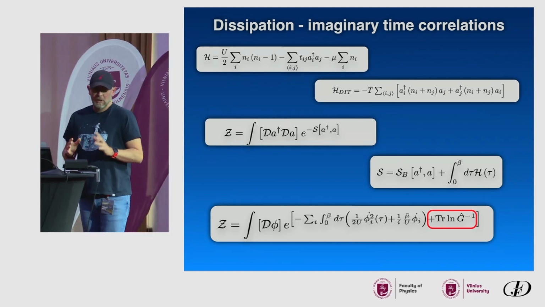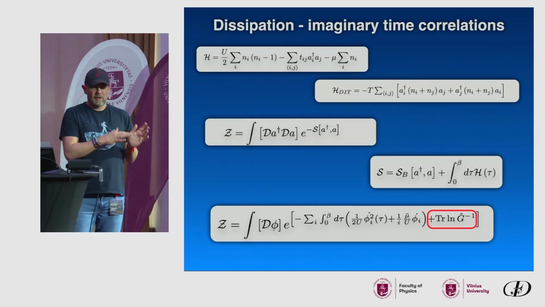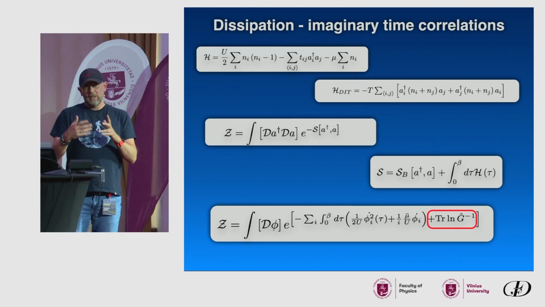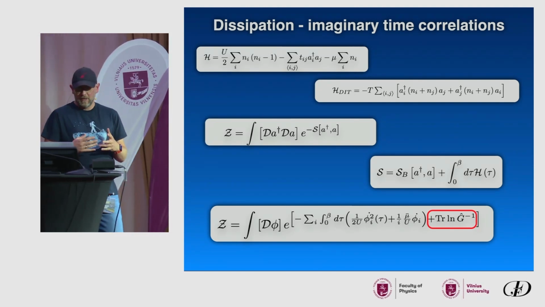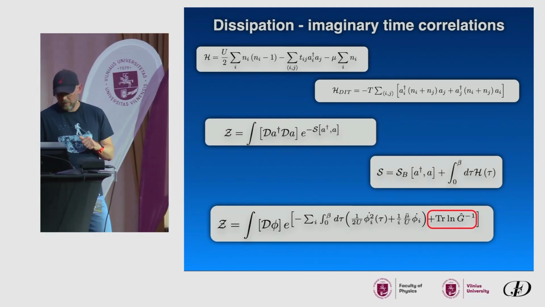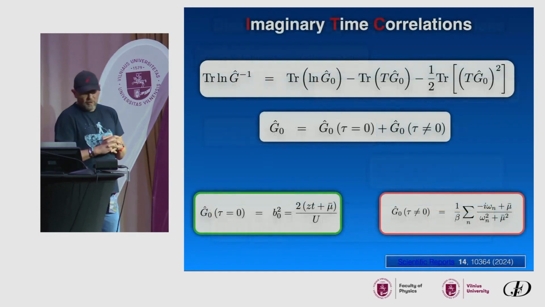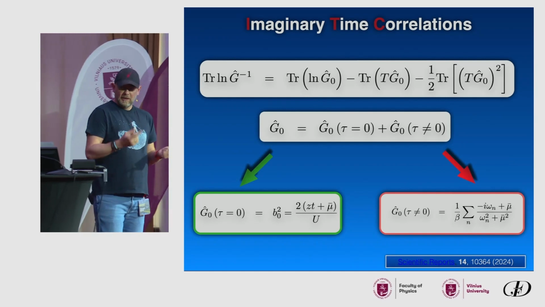So once again, we start with the Bose-Hubbard Hamiltonian. We add the density interaction term, and we use the path integral method. At some point, you have to calculate the trace of the correlations. So you get the correlation function, which is G, and now you could expand it because you need to integrate once again.